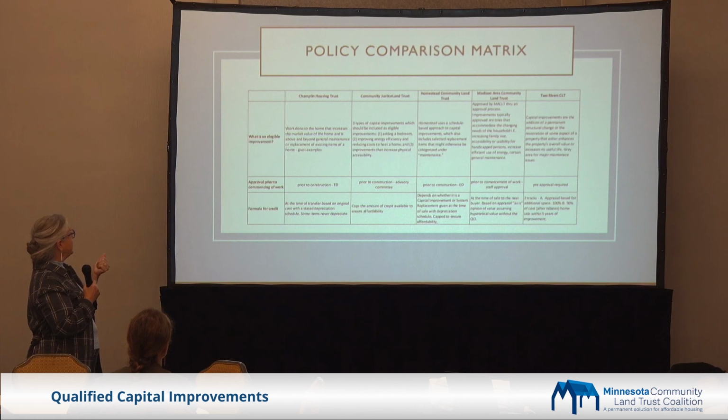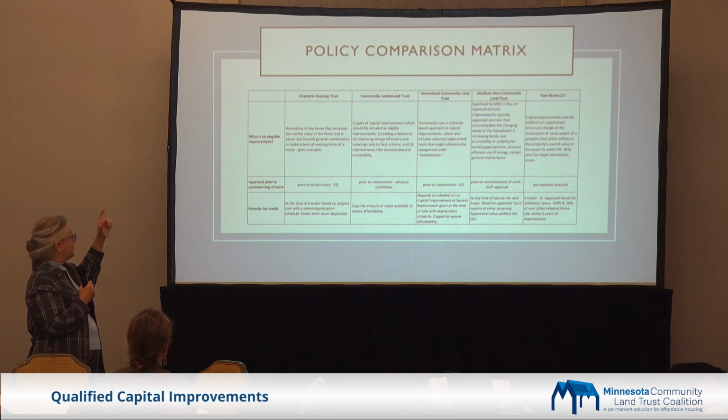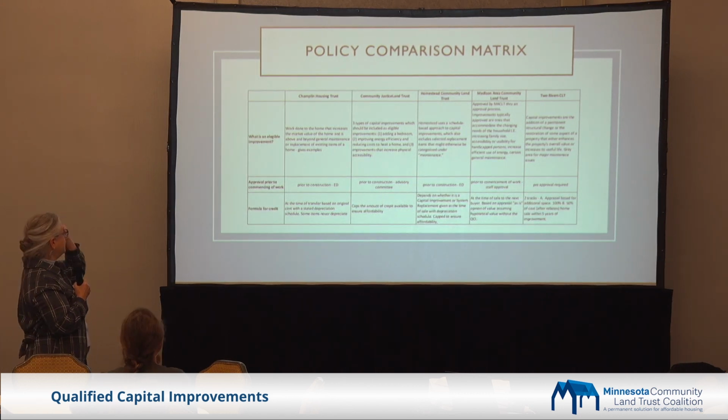If you are improving the energy efficiency and reducing the cost to heat the home, that's definitely one. And then theirs is accessibility. And for that, they use 2 different models. One is what value it adds. The other is 50% of what it costs to construct it.